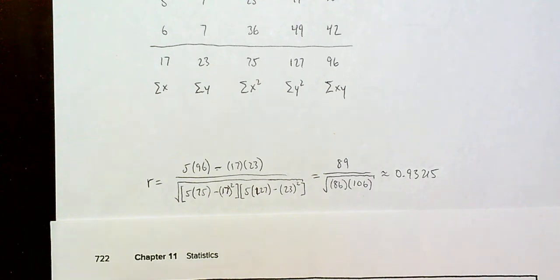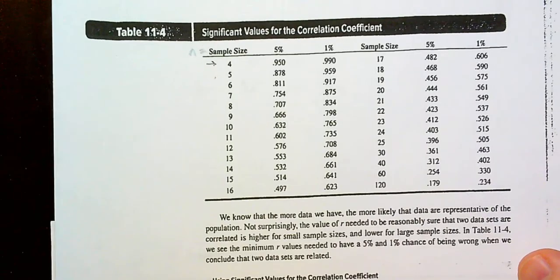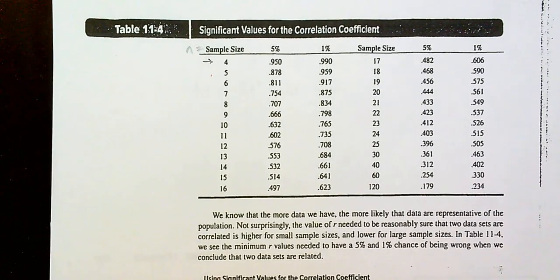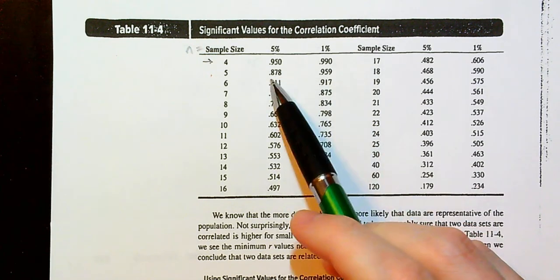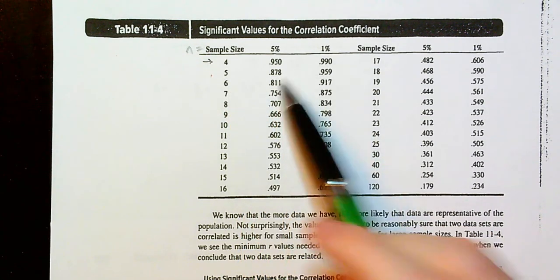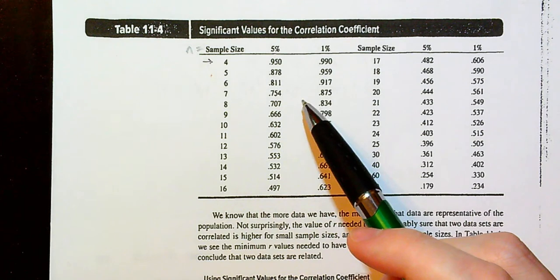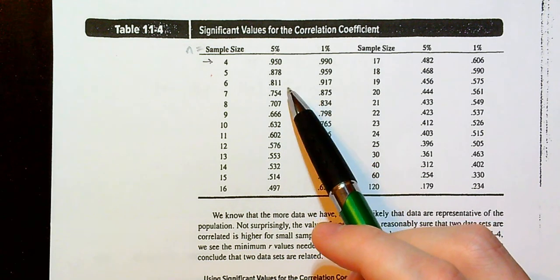So looking at this R value and looking at our table here, again, we need our sample size, our n value. Our n value was 5. So as long as our correlation coefficient R is greater than either one of these two numbers, looking at the row where n is equal to 5, then we are very confident that these two quantities are indeed linearly related.